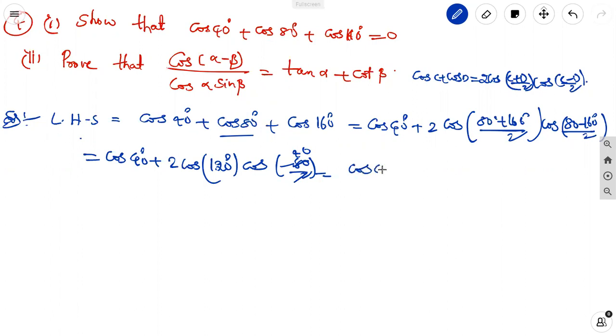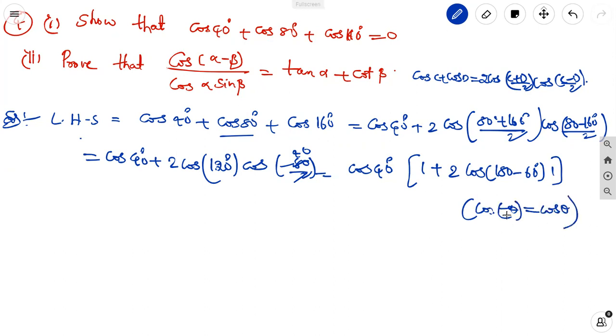Here cos 40 degrees is taking common, then it is 1 plus 2 cos of 180 minus 60 degrees into 1 only. Why? Because cos of minus theta is cos theta. So here cos 40 is taking common.